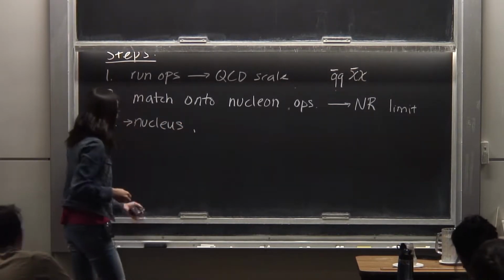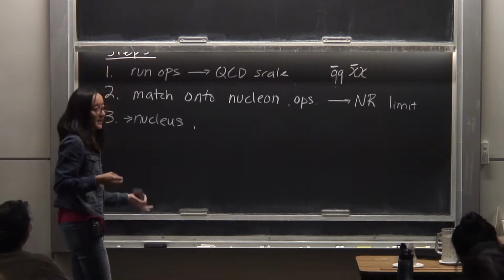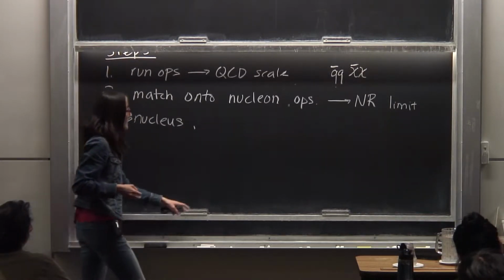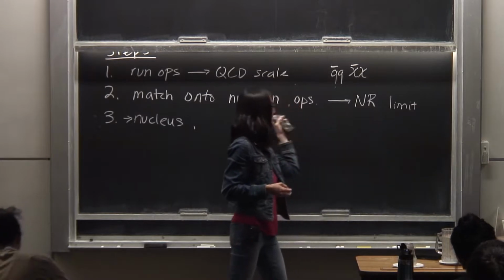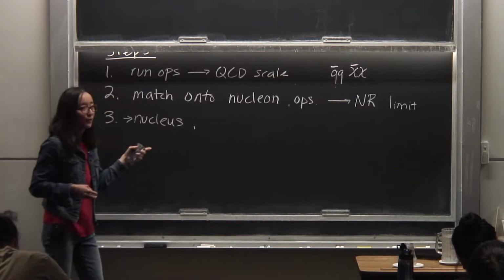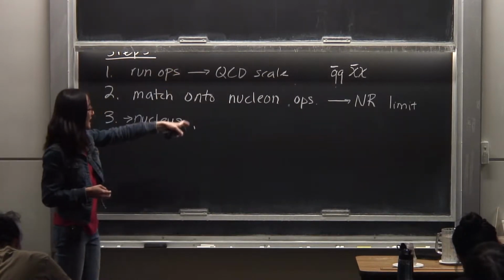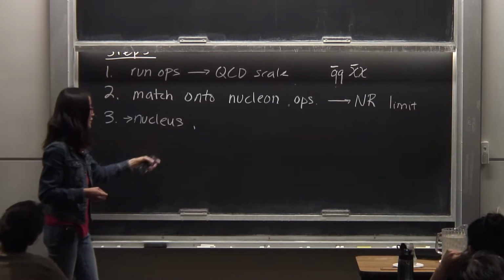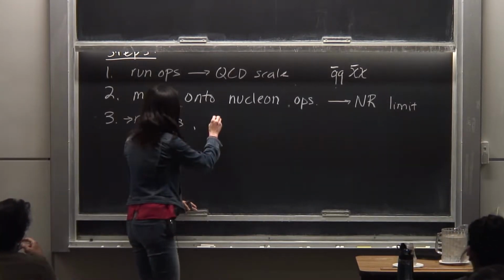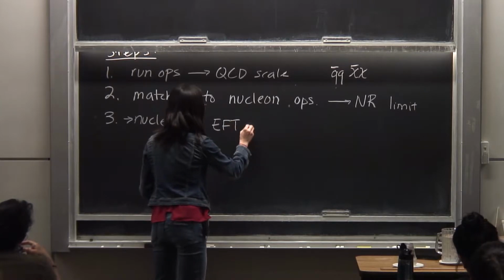There are different ways to do it. There's, for instance, a big set of papers recently that, given your non-relativistic limit for the nucleon operators, tell you what the appropriate form factor for scattering is to match onto the nucleus. So this is the EFT of direct detection set of papers.